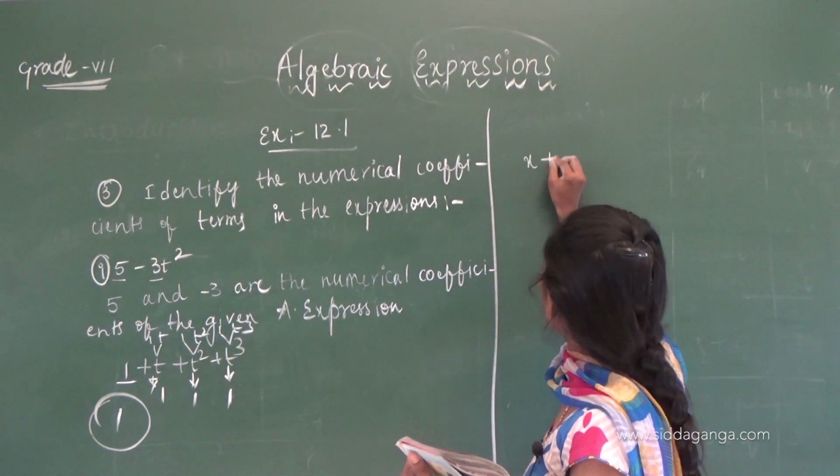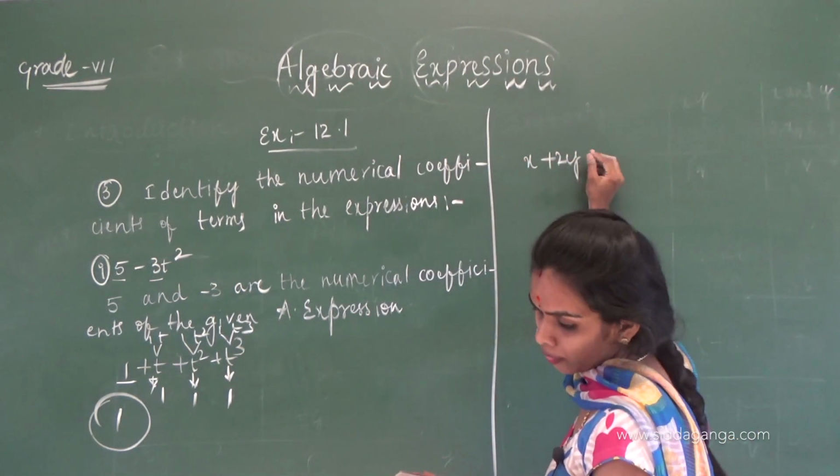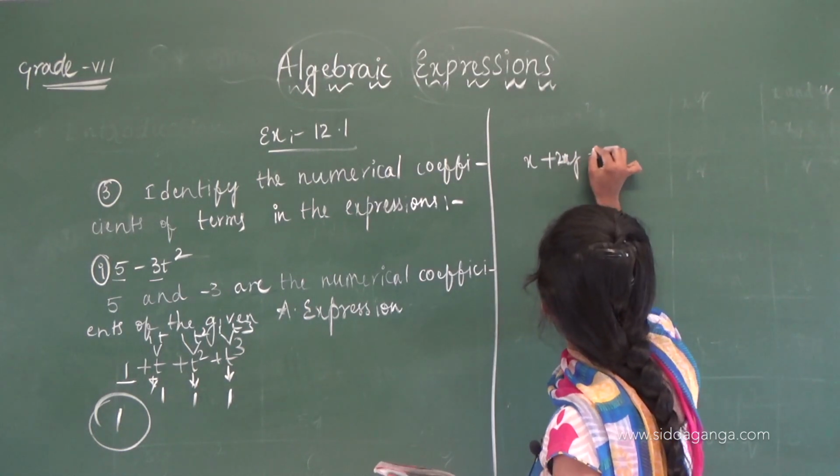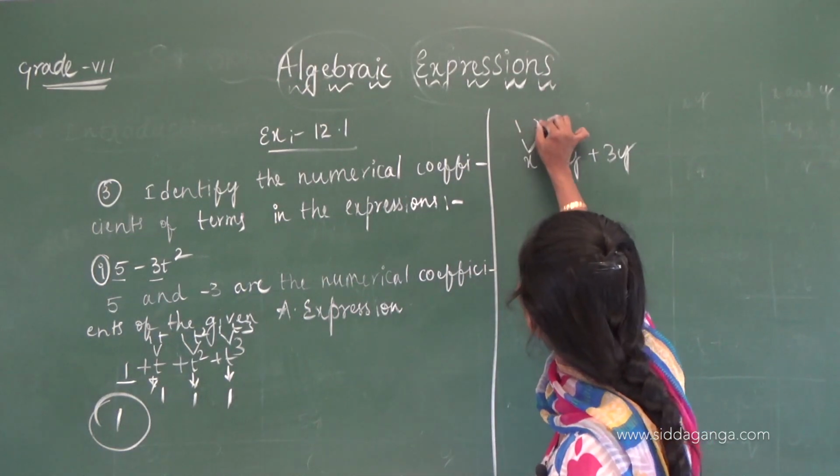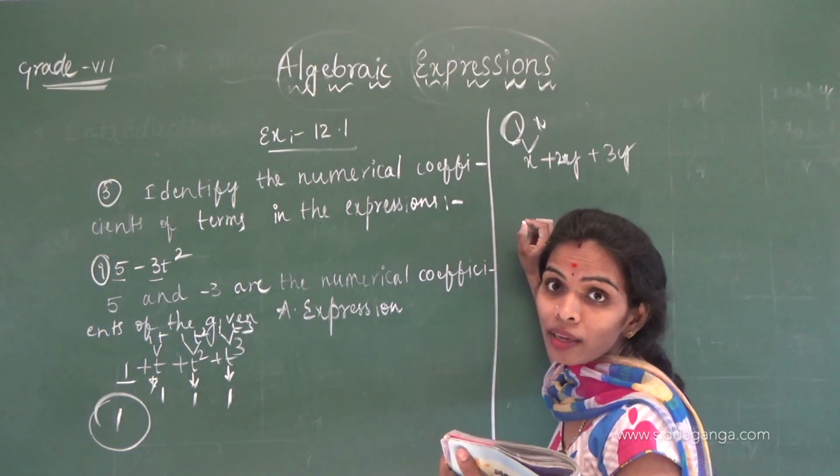x plus 2xy plus 3y. Here the numerical thing, it can be written as 1 into x, so 1 is the numerical number here.